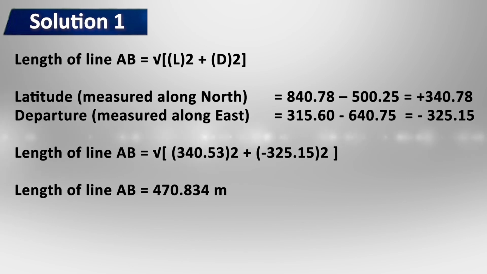It is 315.60 minus 640.75. The value comes out to be negative 325.15. Since the latitude is positive and the departure is negative, that means point B is towards the left, or westward, of point A, and the line AB is inclined towards the northwest.